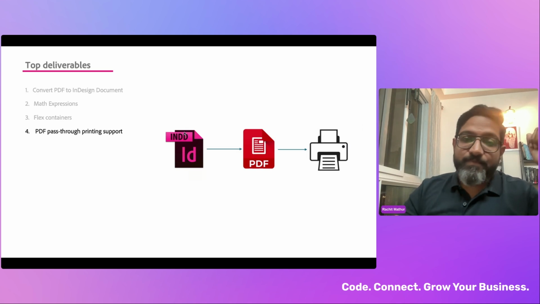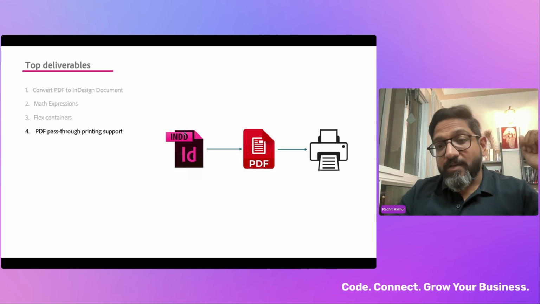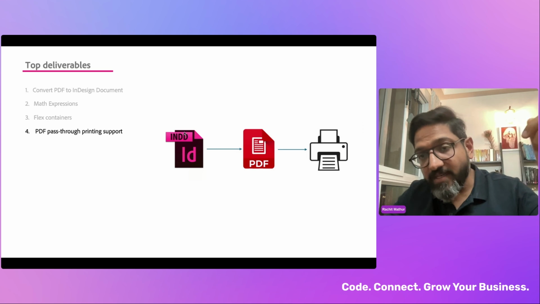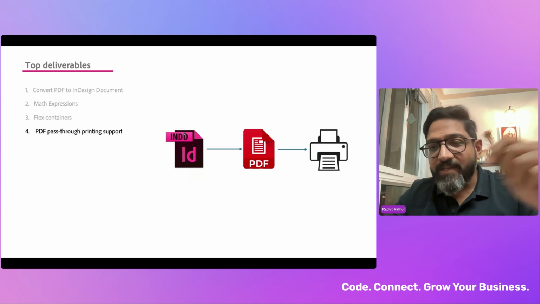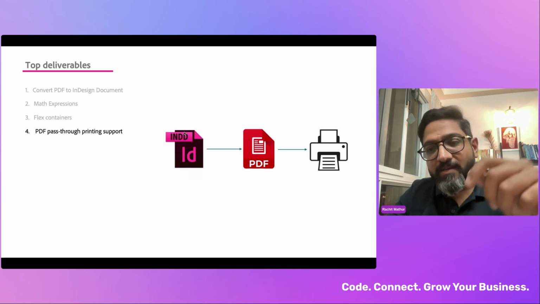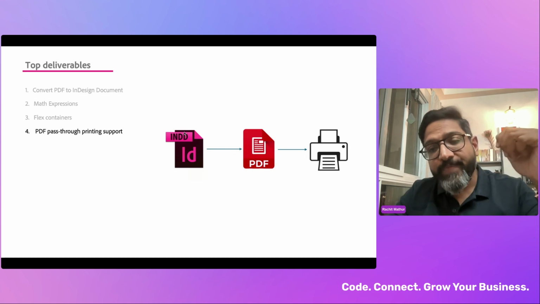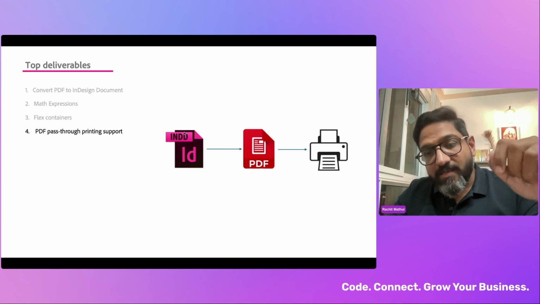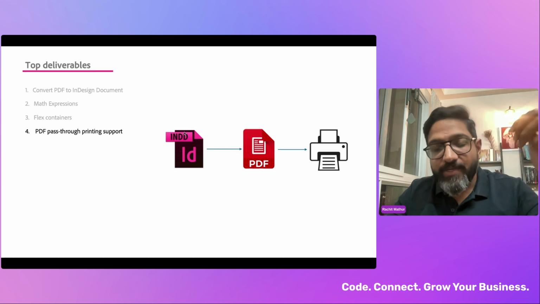Then we have the support for PDF pass-through printing. This is specifically for Windows. Now, InDesign can directly send a pre-rendered PDF to a printer without the need of going through an intermediary printer language format like PostScript or printer driver-specific GDI. Using the PDF, the printer will be able to generate the high quality print.